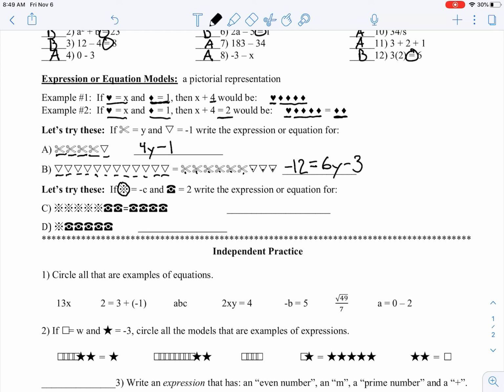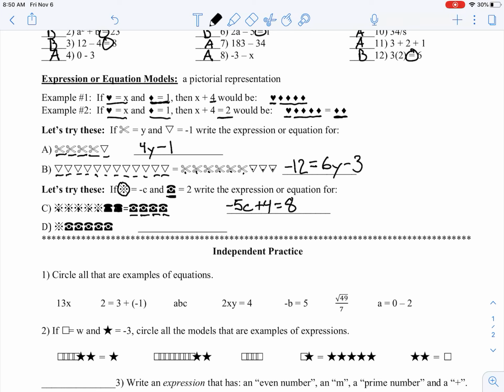I don't know what to call this here, but we know that that is equal to -c, and a telephone is equal to 2. First up we have an equation, so we're just going to follow along. We've got 1, 2, 3, 4, 5 of these guys. If 1 is -c, then we have -5c. And 2 telephones, so a telephone is worth 2, so we have 2 and 4. -5c plus 4 equals, and a telephone is 2, so we have 2, 4, 6, and 8.